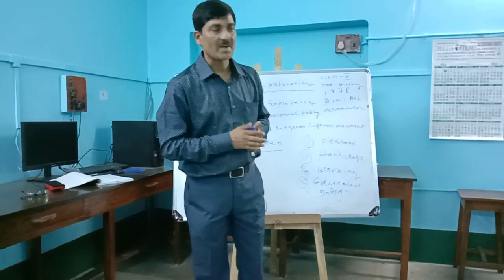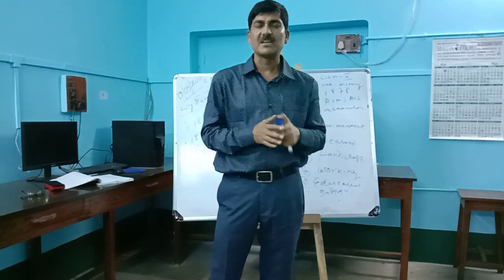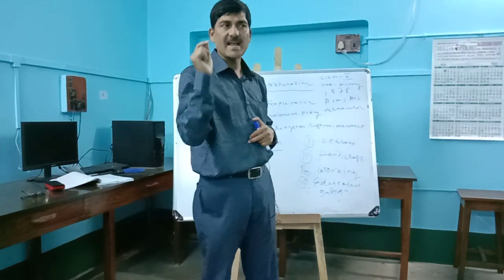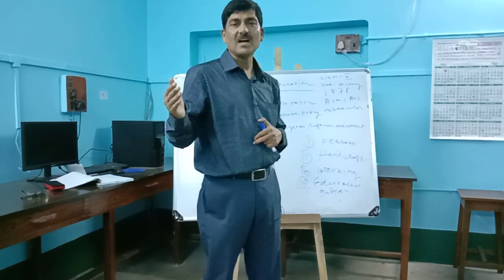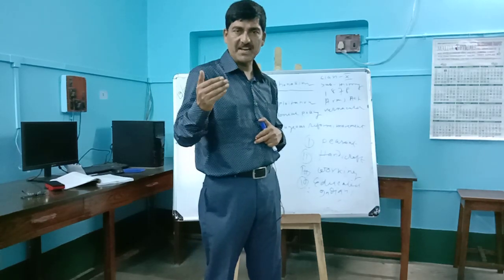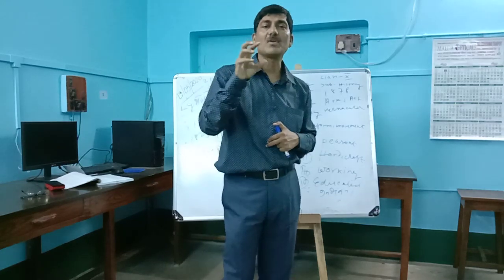Such slogans were given by these social reformers. Thus all these social reform movements fought for the common cause. This common cause was against the caste system, against the Sati system, against polygamy, against girl infanticide, and in favor of women's education, in favor of widow remarriage, a common agenda.